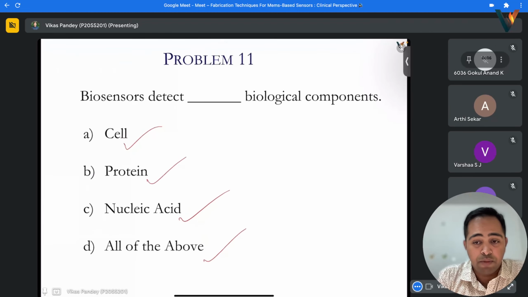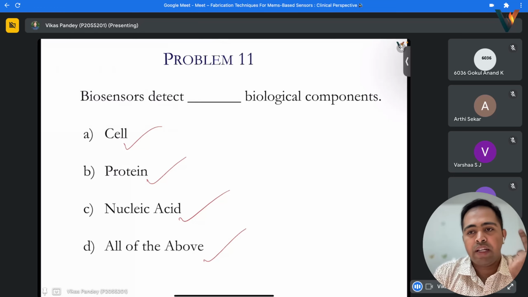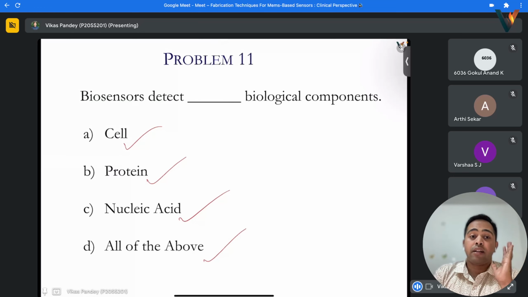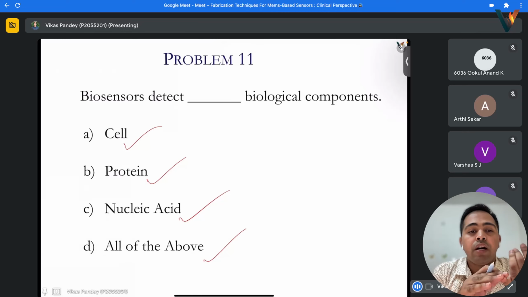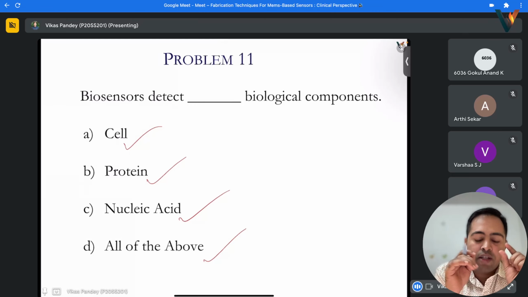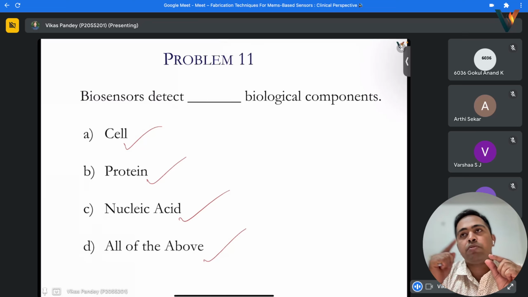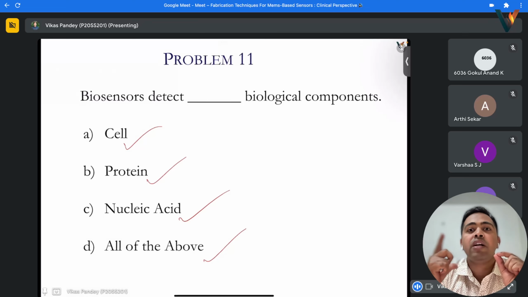All of them. Biosensors can be used to detect cells, some specific kind of cells sometimes. Protein. Proteins are very good biomarkers. When I say biomarker, I mean some specific molecule related to some specific disease or condition.